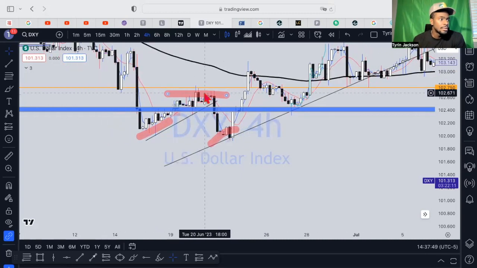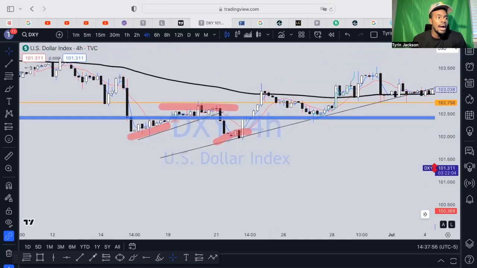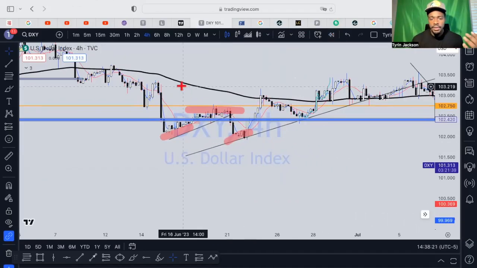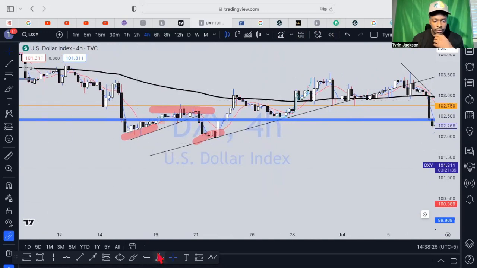We have some type of example of a double bottom. Not very perfect, but once you start to identify these things, you can understand that this could be considered a double bottom, right, guys? So if we're looking at another example here, I'm not sure if you can actually see it like I can, but I'm gonna draw it out for you.